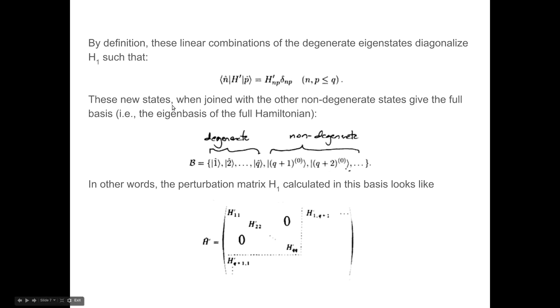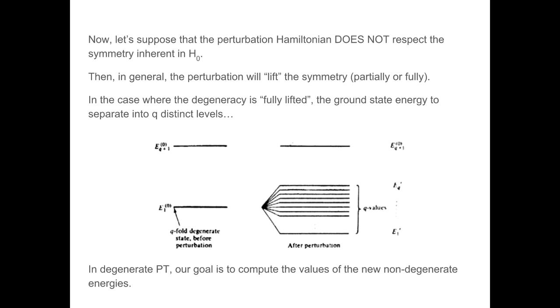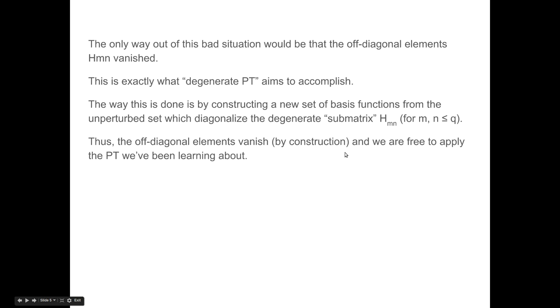Okay, and so once we find what these new states are and the new diagonal elements, we can put it all back together to form the basis for this case, right? So now we would have the piece of the Hamiltonian matrix that's made up of these Q values, and then we would have some pieces that are non-degenerate, and so on and so forth.